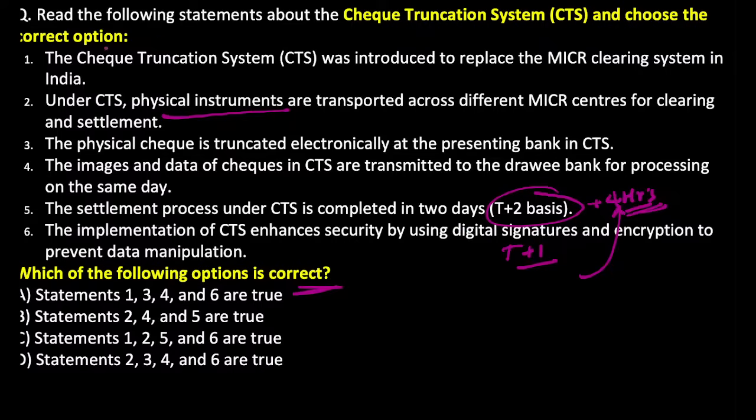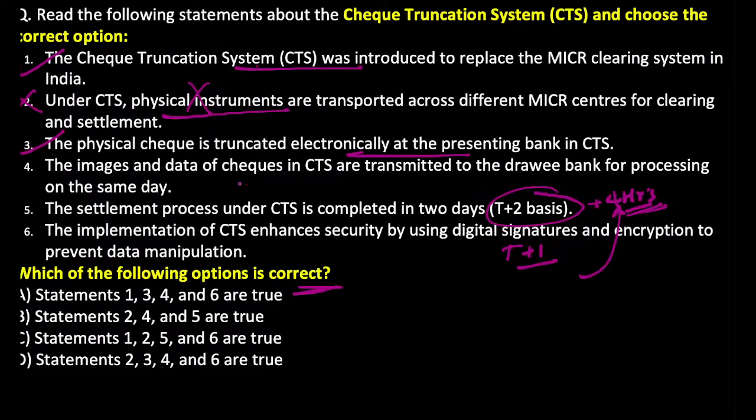First statement, the CTS was introduced to replace the MICR clearing system in India. Second, it is an online, image based clearing system. Third, the physical check is truncated electronically at the presenting bank. We convert the physical into electronic.